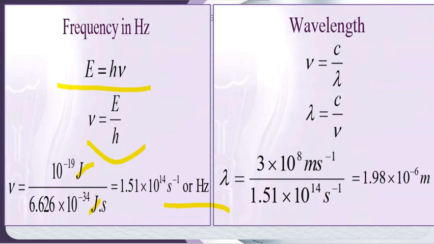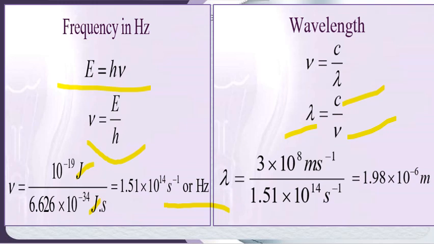Now here, wavelength calculation is done by means of this equation, that is nu is equal to c upon lambda, right? So take out lambda outside so that the equation will turn like this. Lambda is equal to c upon nu. C is the velocity of light and nu is the frequency of radiation, which we got from the previous equation, that is E is equal to h nu.